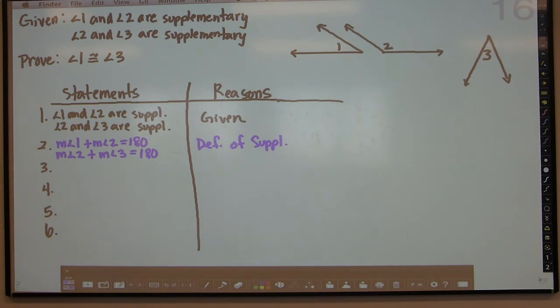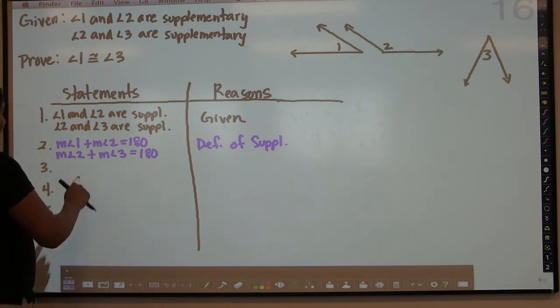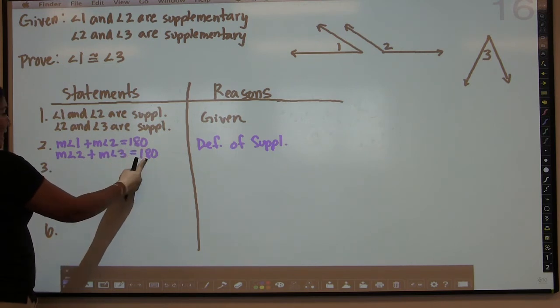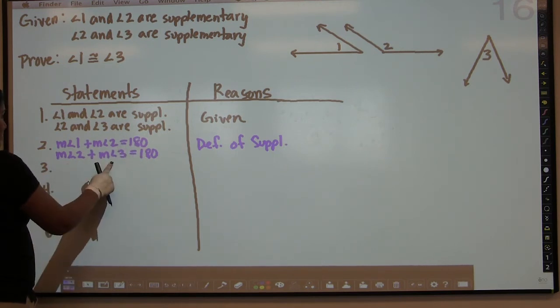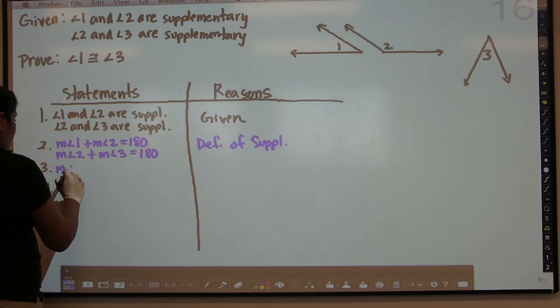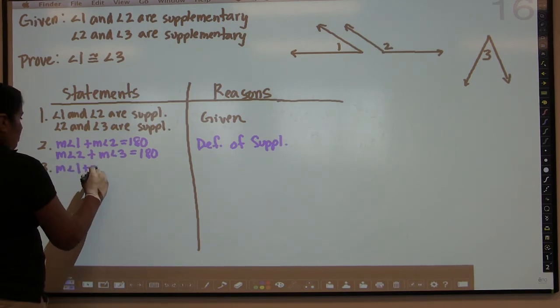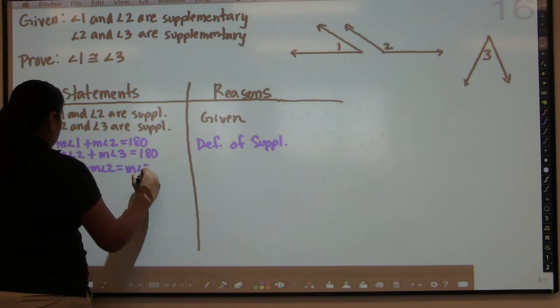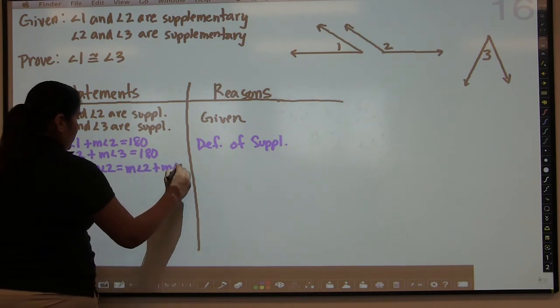Then I'm going to use substitution, or actually you could even use the transitive property here. Basically, angle 1 plus angle 2 equals 180, and 180 in turn equals angle 2 plus angle 3. So the measure of angle 1 plus the measure of angle 2 should equal the measure of angle 2 plus the measure of angle 3.